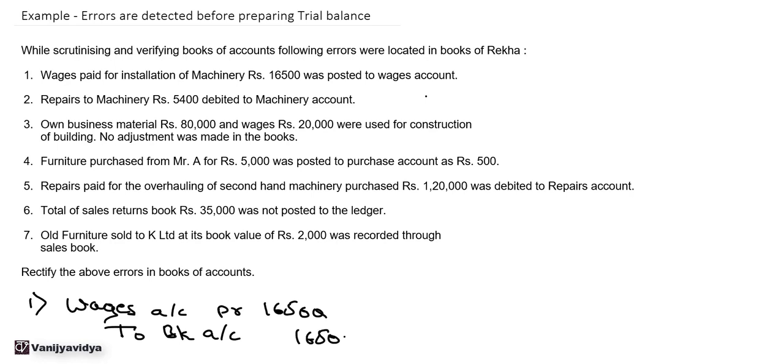Now this is a wrong entry. Now what will be the reversal of this wrong entry? It will be bank account debit to wages account. Now what should have been the correct entry? The correct entry should have been machinery account debit to bank account.